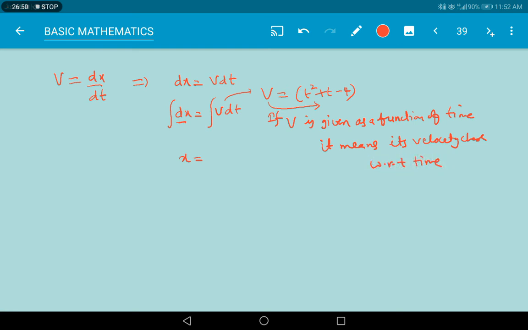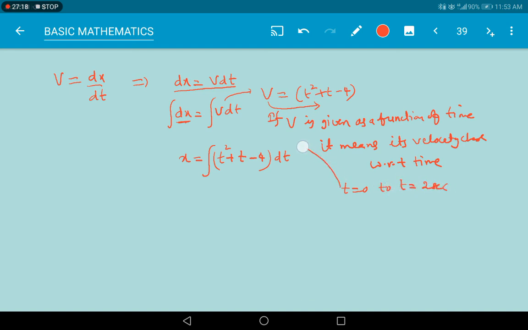If velocity changes with respect to time, we won't get a straight line. So in that case, what is the distance traveled by the body? We are using the integration. So integration of t square plus t minus 4 dt. Sometimes they are asking what is the distance traveled by the body from t equals 0 to t equals 2 seconds.